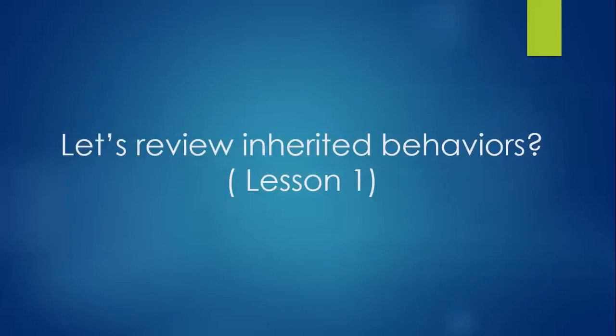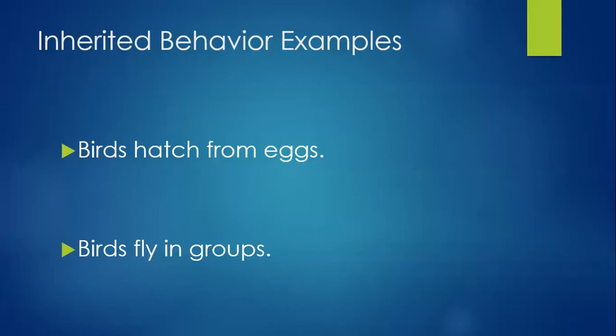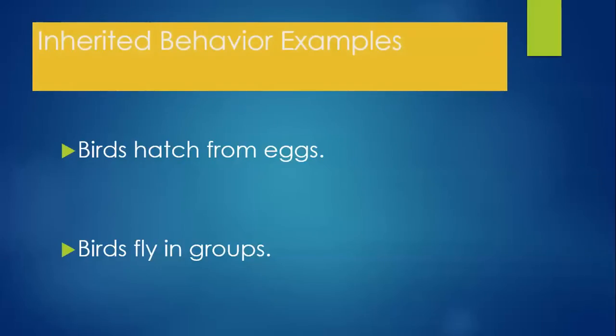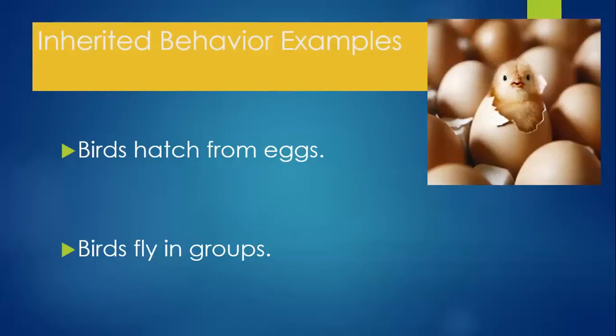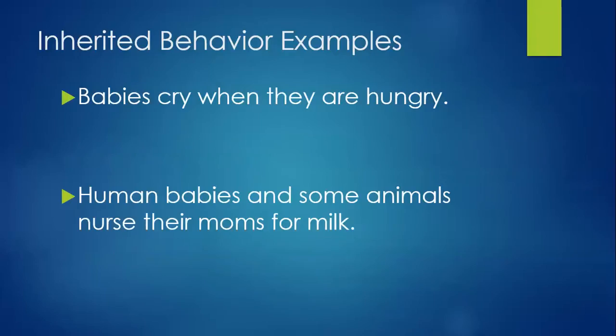Let's review inherited behaviors from Lesson 1. We learned that inherited behaviors are those behaviors such as when birds hatch from eggs, birds flying in groups. Those are inherited behaviors. They're born already knowing how to do these things.